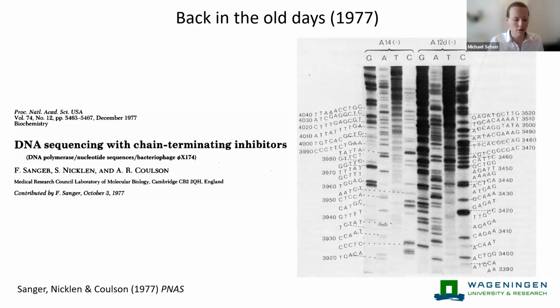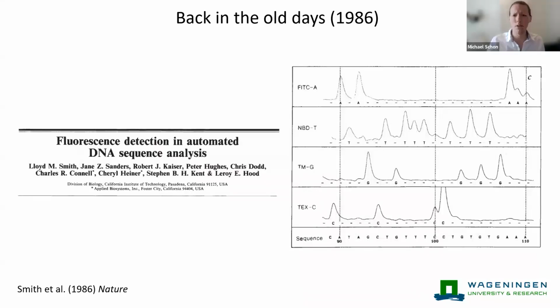The fundamental science of Sanger sequencing, as it eventually was called, improved over the years, and these chain terminating inhibitors, these nucleotide analogs, were swapped out for fluorescent analogs, and it was found that these reactions could essentially all be performed in the same, or they could be combined.